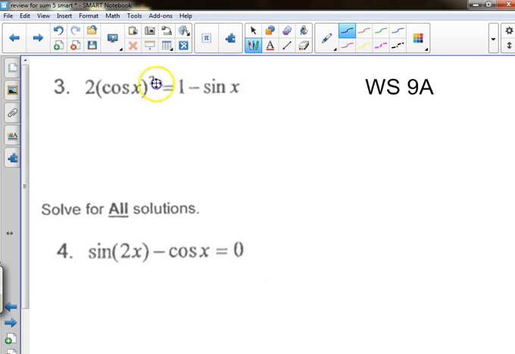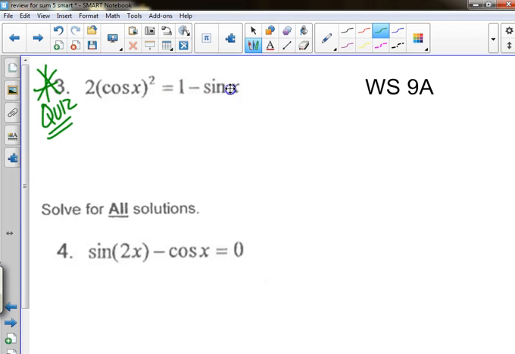It has a cosine squared and a sine. We're going to have to do something different, right? Ideas? Okay. Cosine squared is a 1 minus sine squared.